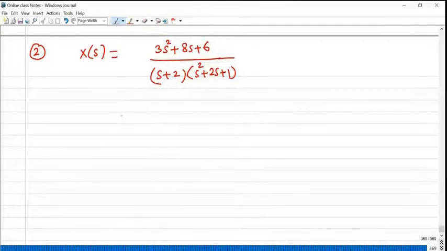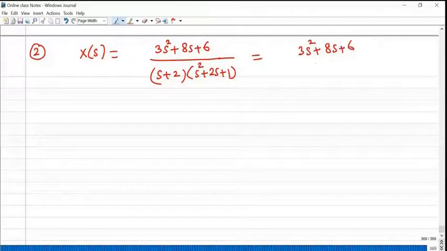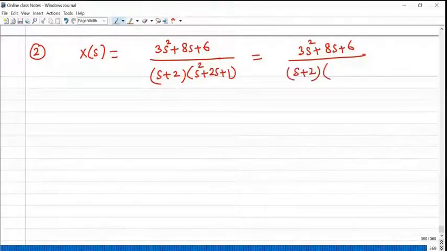Factorize the denominator first. How will you factorize this denominator? (3s² + 8s + 6) / ((s + 2)(s² + 2s + 1)).